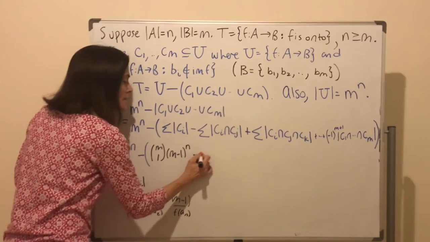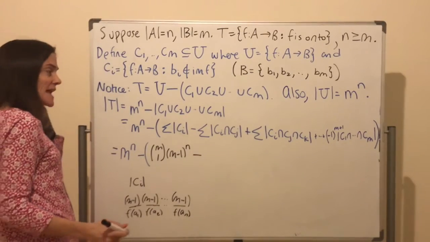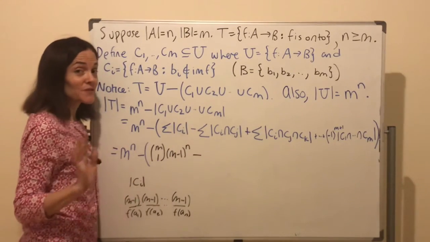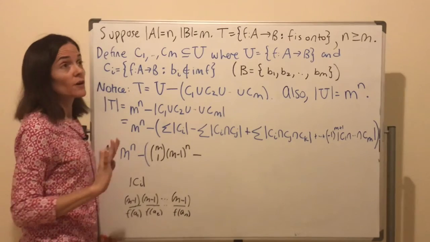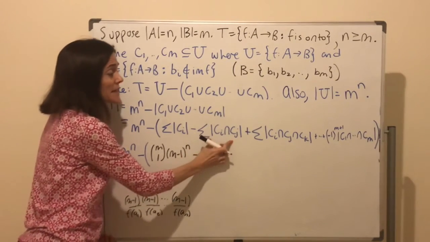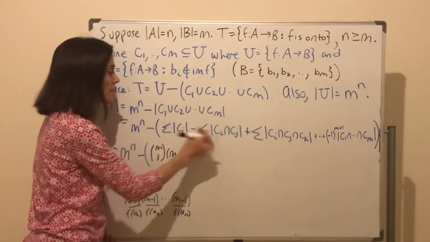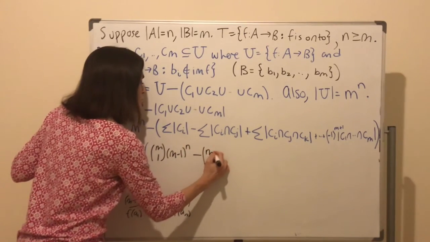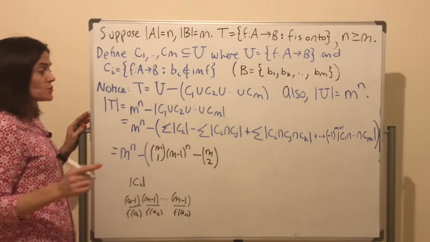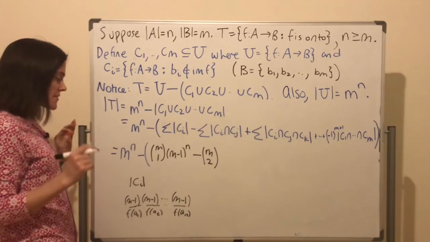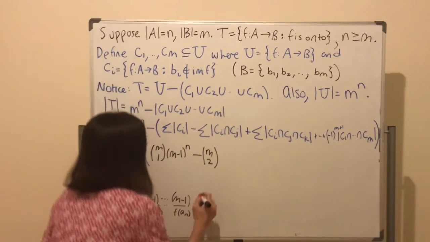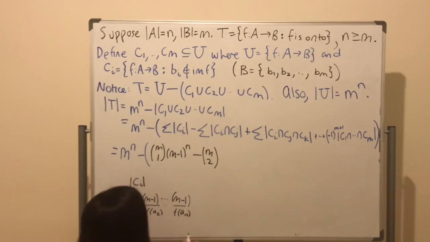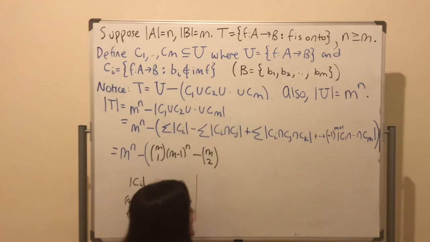Now, then there's a minus. Now again, and I mentioned this when we first wrote the general inclusion-exclusion, how many things are in this sum? Well, there are m choose 2 in the sum. And then down here I will think. This is my thinking. I'll leave it up until I need to erase it.